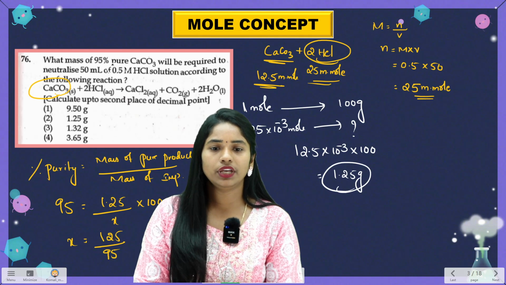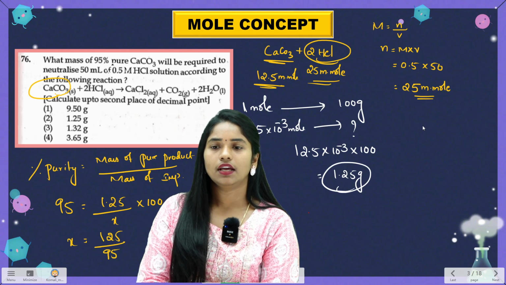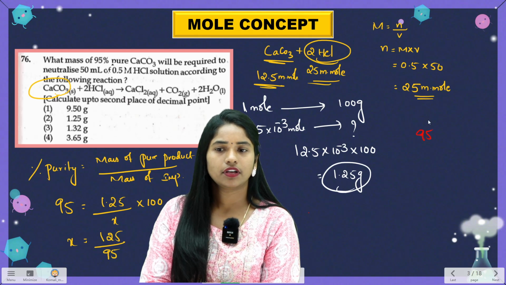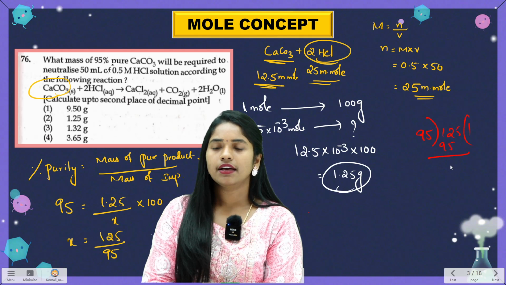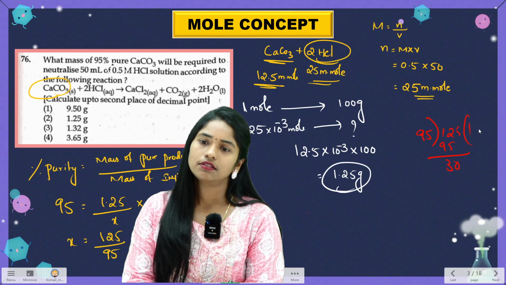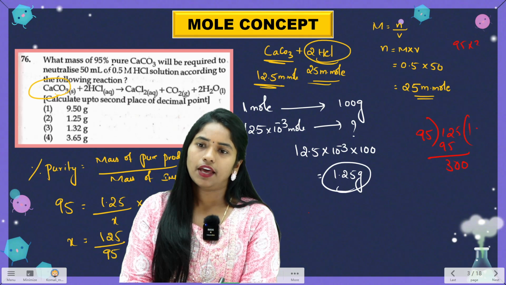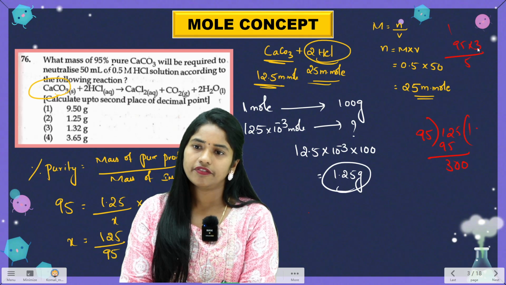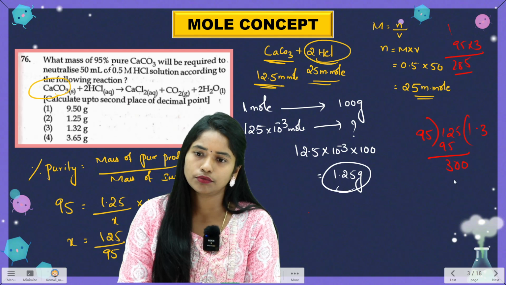Then I will be doing the division: 125 divided by 95, which is 285.